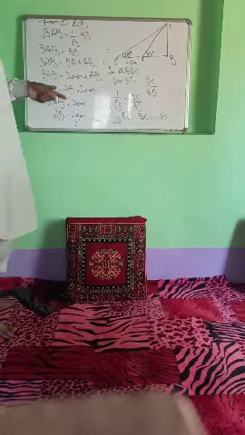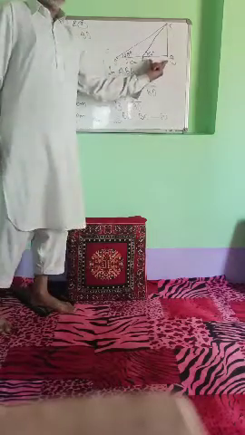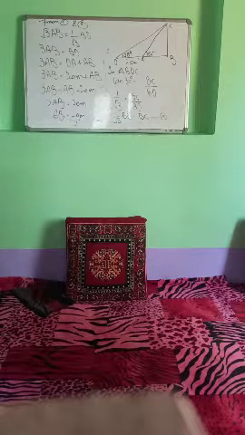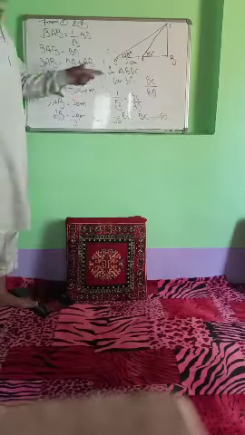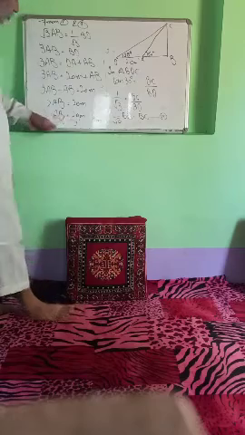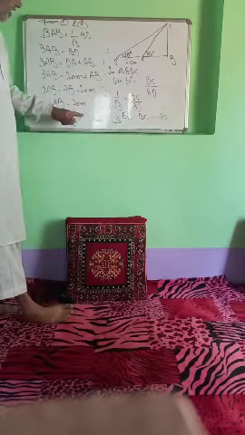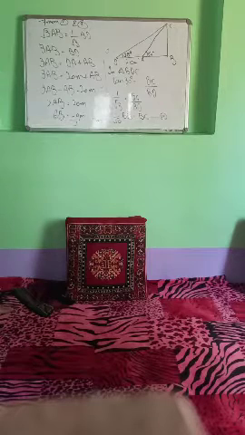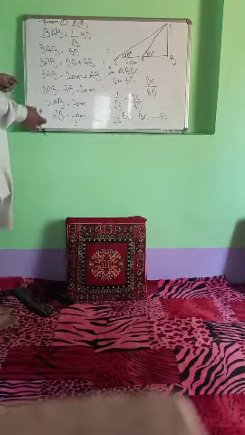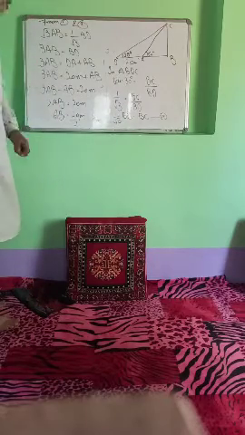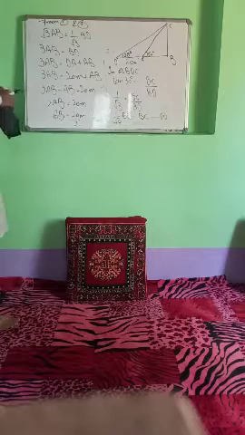But in the question, AB was the width of the canal, so we have succeeded in finding the width of the canal, and it is 10 meters. Now we can easily find the height of the tower. We will substitute the value of AB in the first equation.